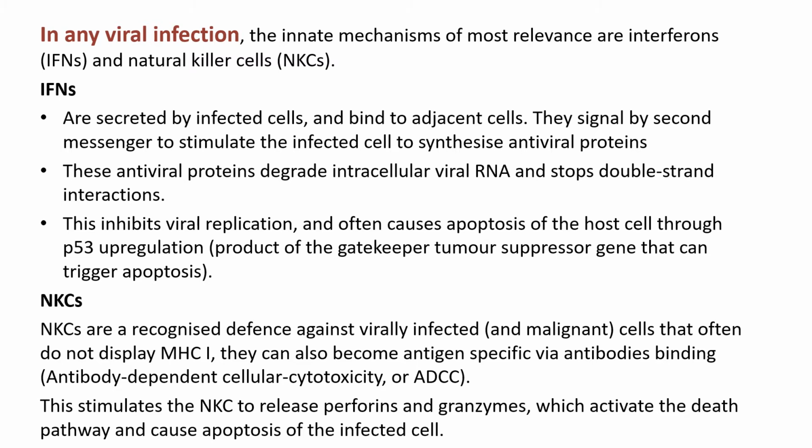And this will also activate the natural killer cell to release perforins and granzymes and kill that target cell. So the natural killer cell releases perforins and granzymes, they activate the death pathway in the target cell and cause apoptosis.